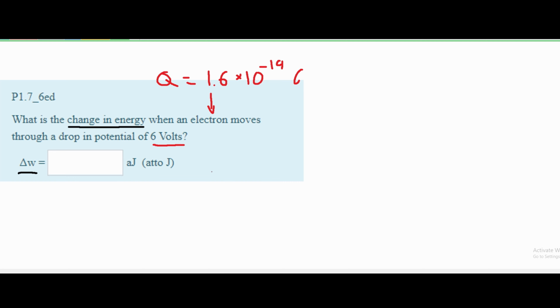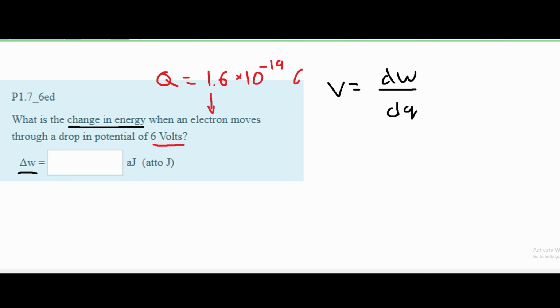Looking through the notes provided below, in section 1.4, voltage and current, we have the equation V is equal to the change of work divided by the change of charge, denoted by V is equal to dW divided by dQ. Since we need to find the change in work, and also the triangle and d mean the same thing, it means change.